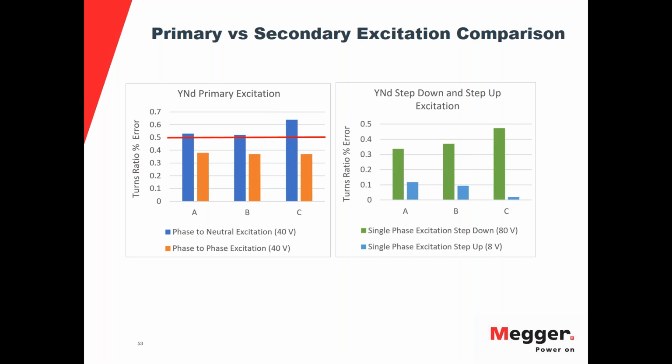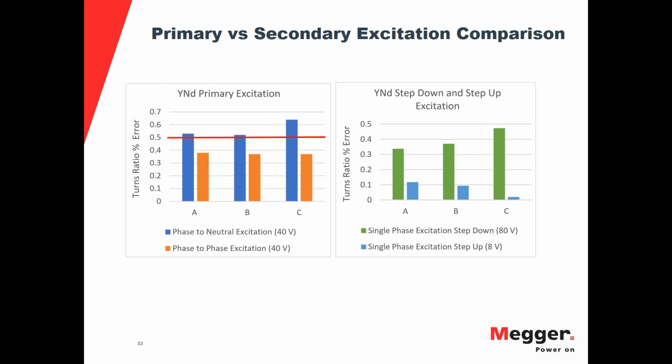So how about step down versus step up? Here we can see the excitation. We're doing the comparison of the step down versus the step up. So we have the step down in green here, and we can see on A, B, and C phase that we're within the tolerance of 0.5% error.